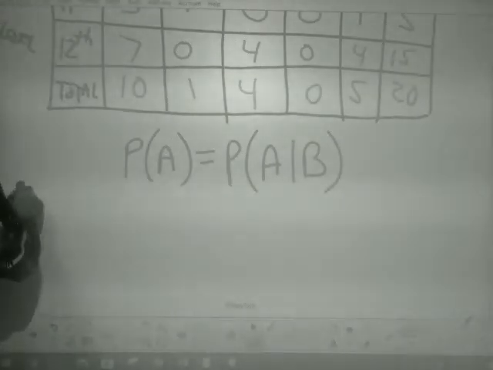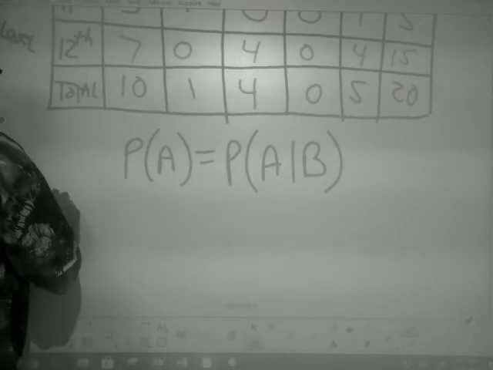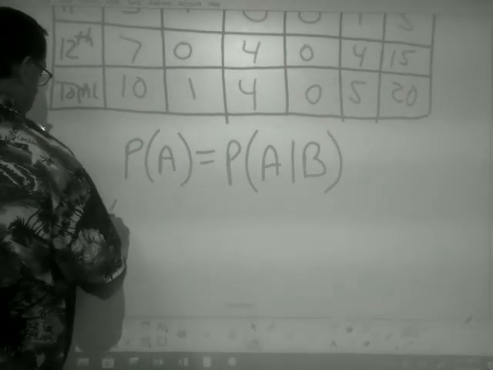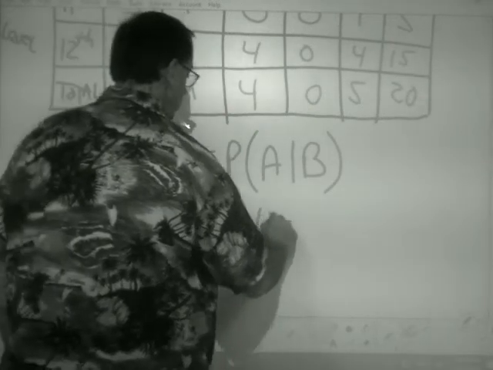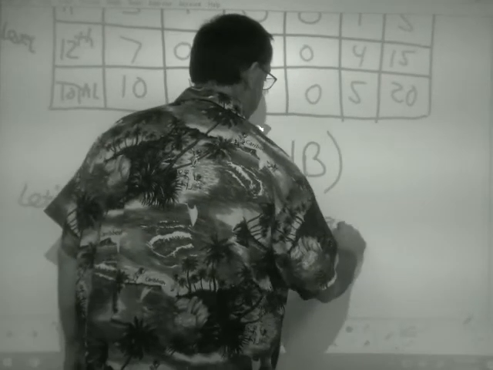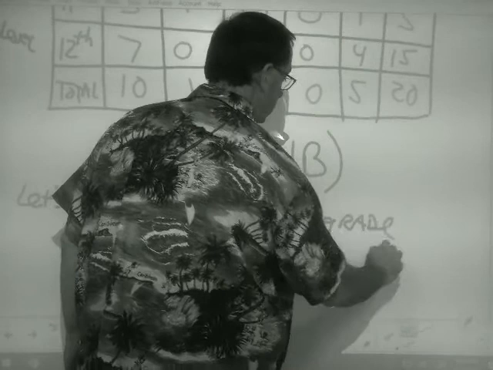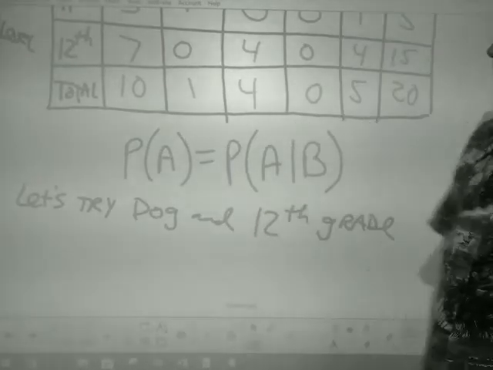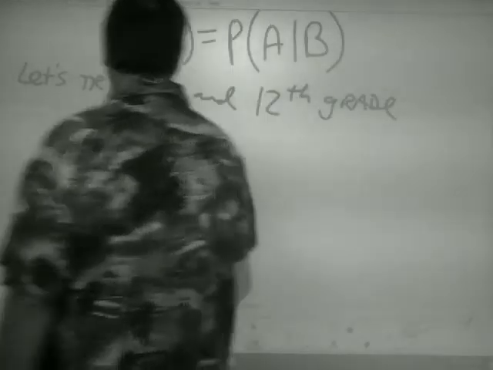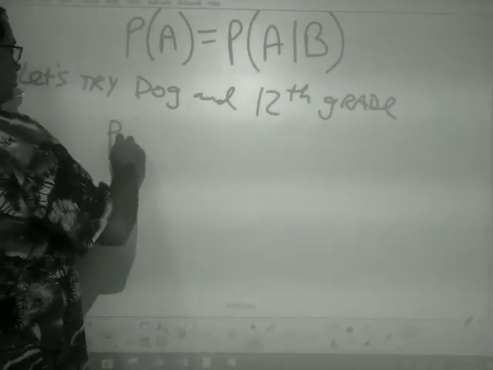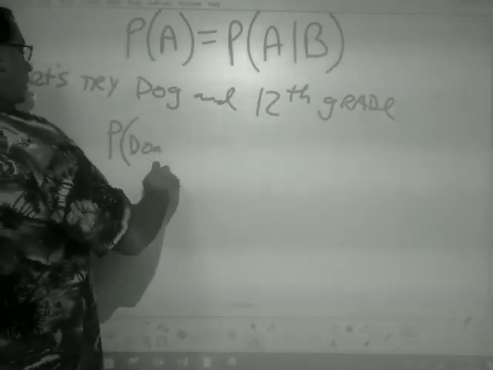So let's try that. So what we're going to do is look at the probability or the proportion of people in this chart that have a dog.